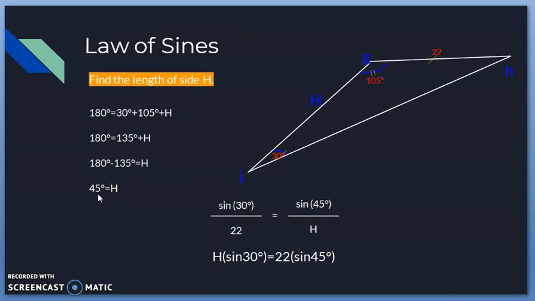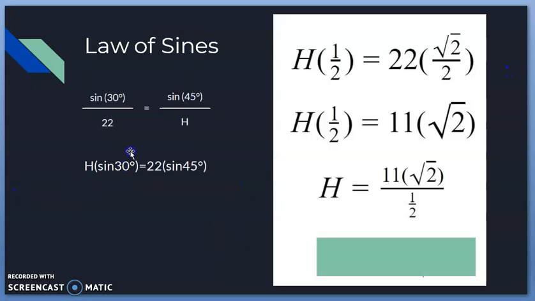We can now set the law of sines up. So we'll have sine of 45 degrees over h, since we're looking for h, is equal to the sine of 30 degrees over 22, because that's one of our given side lengths. We'll cross multiply once again to get h sine 30 degrees equals 22 sine 45 degrees. As we know, the sine of 30 degrees is on the unit circle, as well as the sine of 45 degrees, so we can substitute those in.